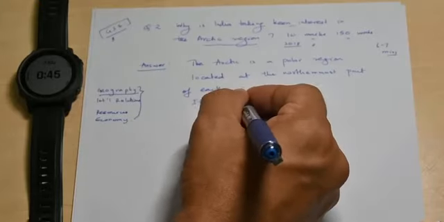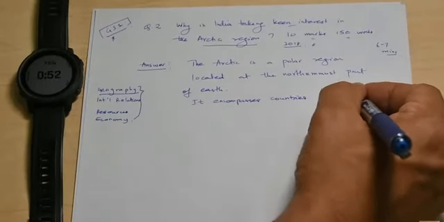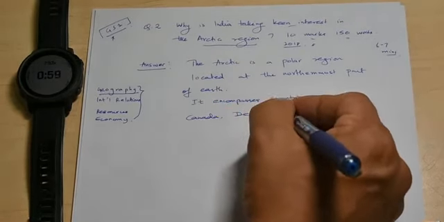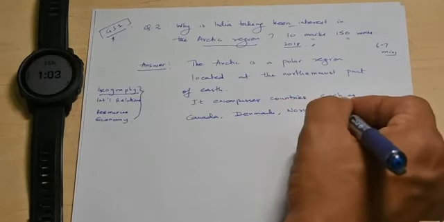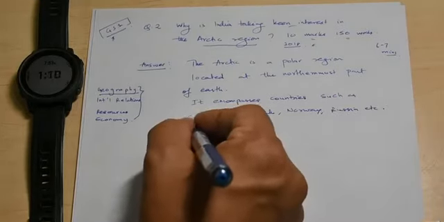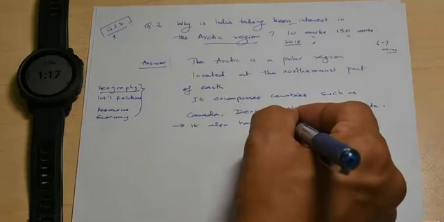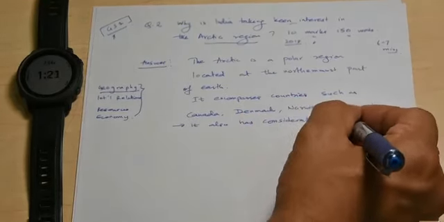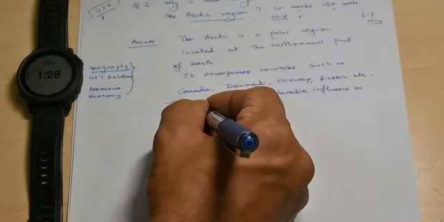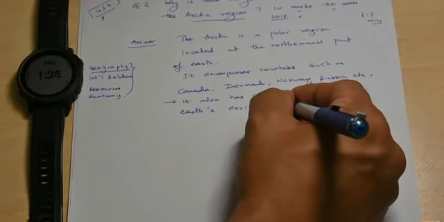It encompasses countries such as Canada, Denmark, Norway, Russia, etc. It also has considerable influence on Earth's environment and ecosystems.